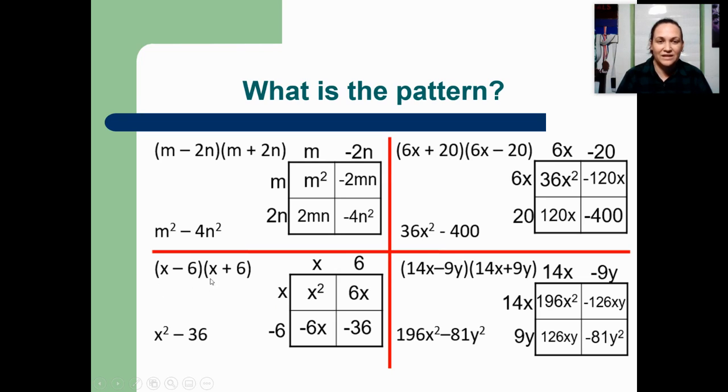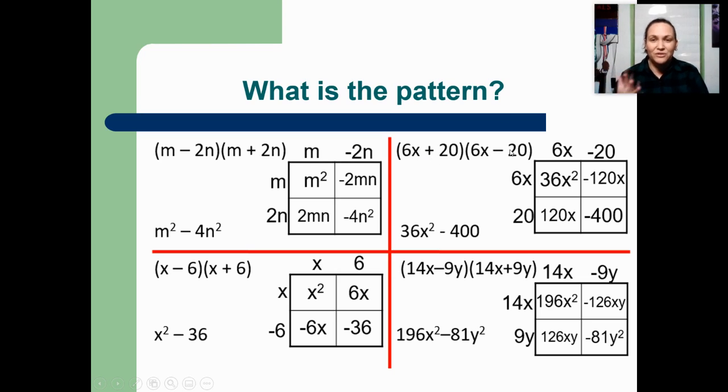I have an X and a 6. I have a 14X and a 9Y. So they all start and stop with the same terms, but in one parentheses, there's adding, and in the other parentheses, they're subtracting. Now, it doesn't matter what order they're in. You can see the ones on the left-hand side have the minus sign in the first parentheses and the plus sign in the second. But this one over here has the plus sign in the first and the minus sign in the second.